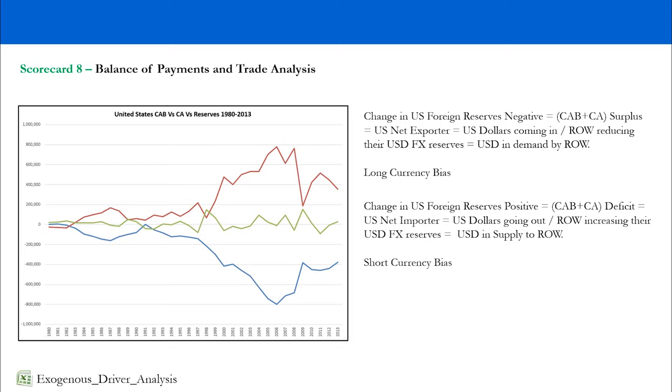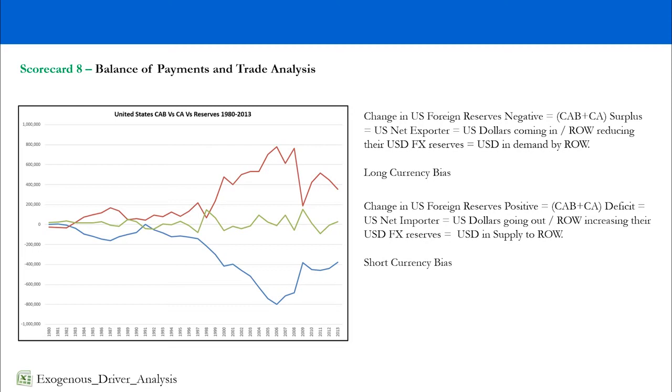So we're looking at this as a long currency bias when the rest of the world is reducing their US dollar reserves from an endogenous perspective. And the same, we're looking at a short currency bias when the rest of the world is increasing their US dollar reserves. So when US dollars are in supply, we're looking at a short currency bias from an endogenous perspective.